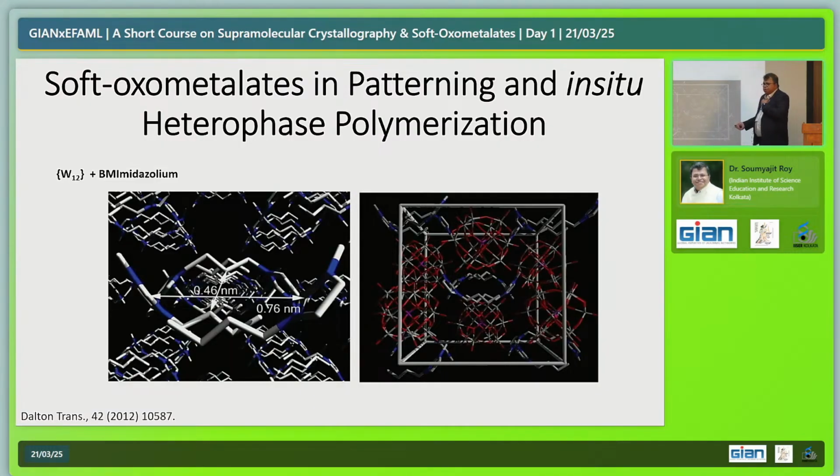Now, by the way, this is a crystal structure. So this is exactly from the crystals, and this is from the diffractometer. So we get the crystal structure, and then we were able to see these type of pockets. These hydrophobic pockets were responsible for holding the nascent oligomers which were being created, right?